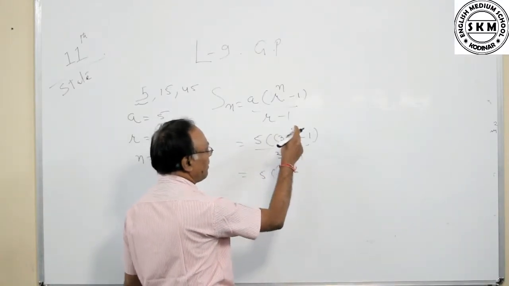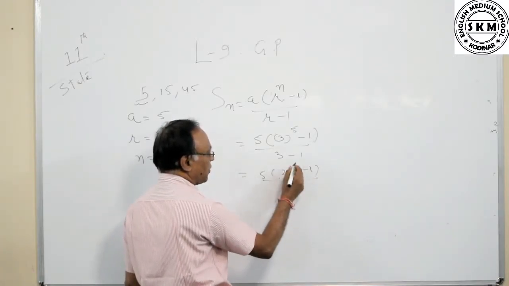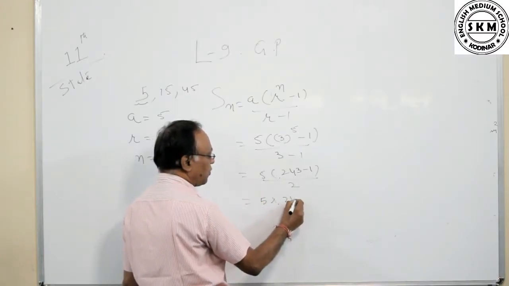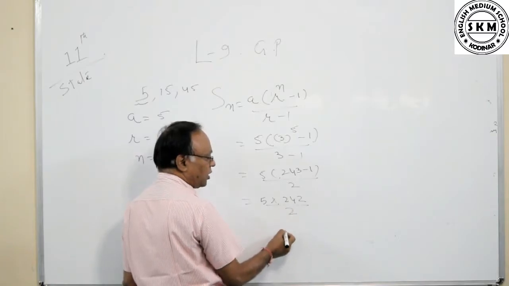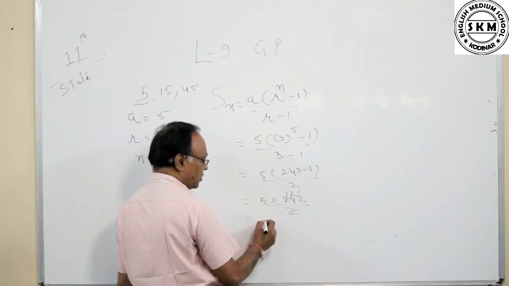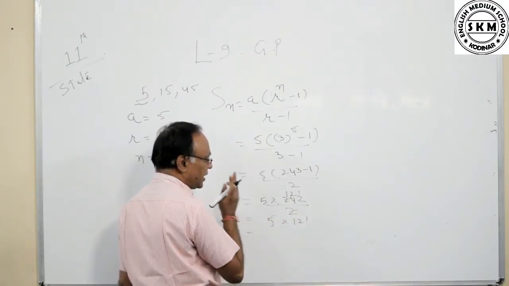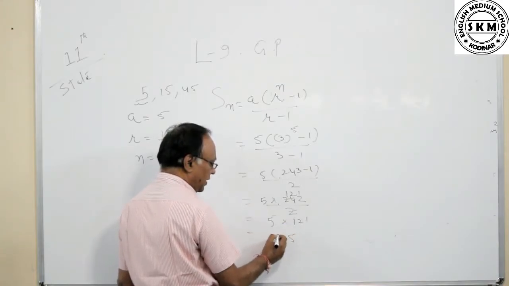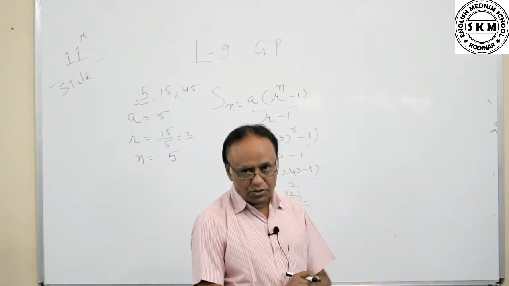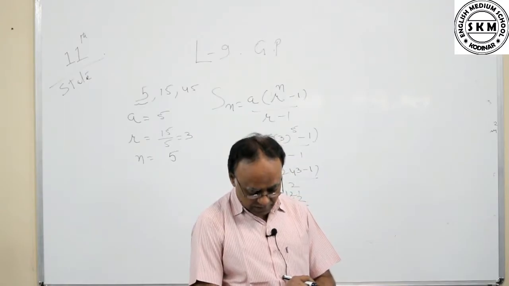So 3 power 5 is 243, minus 1 upon 2. So 5 into 242 upon 2, which is 5 into 121. 5 times 121 is 605. So the sum of the first 5 terms is 605.